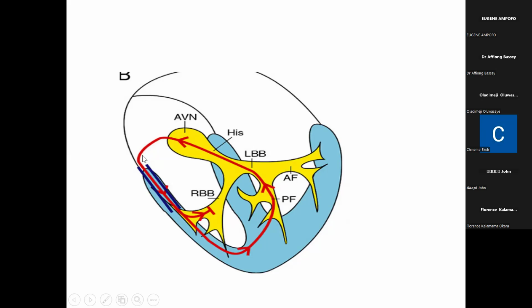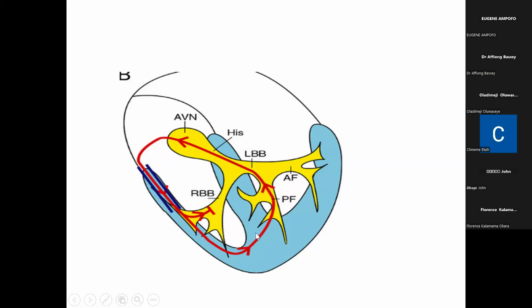It is not as fast as the aberrant pathway. So the aberrant pathway will quickly come and depolarize the ventricle, while the normal conductive tissue will now have to take it back to the atrium. That means there will be a significant time interval between when you depolarize the ventricle to the time you are depolarizing the atrium. Do you get that?